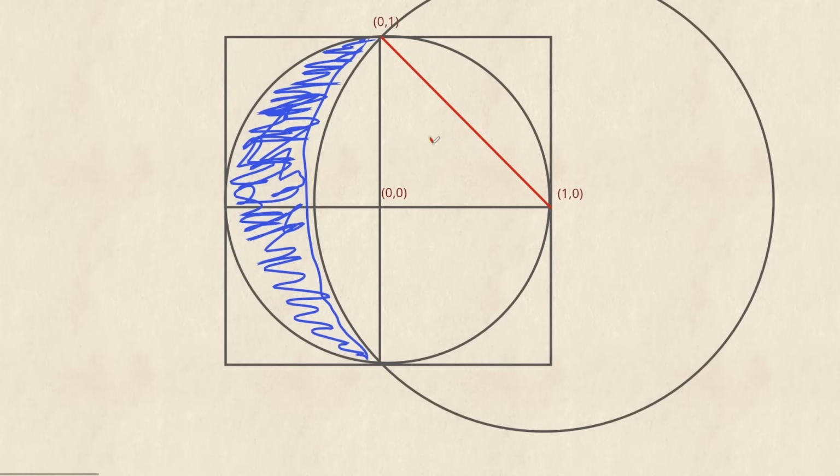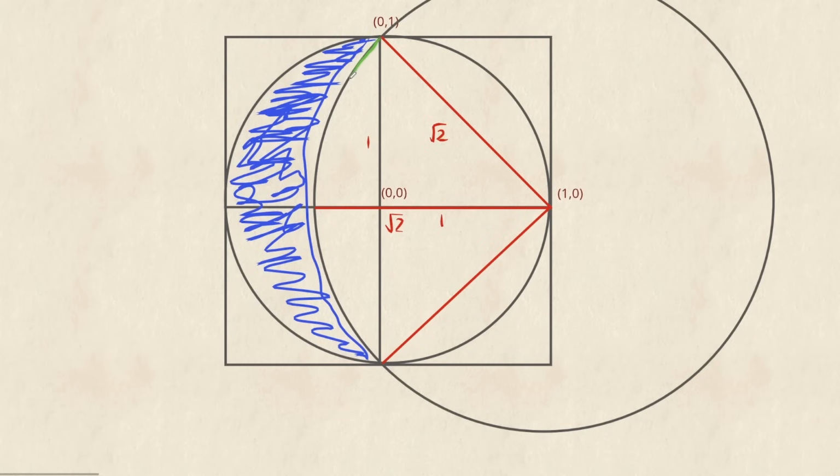So both legs equal 1, so the radius is square root of 2. This distance is also equal to square root of 2. And now we can connect point 1, 0 with the bottom point. That's also a radius of the circle, so it's also square root of 2.